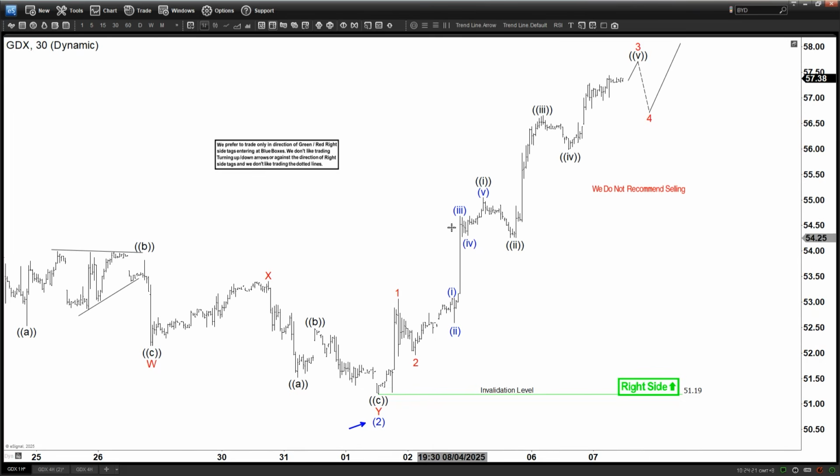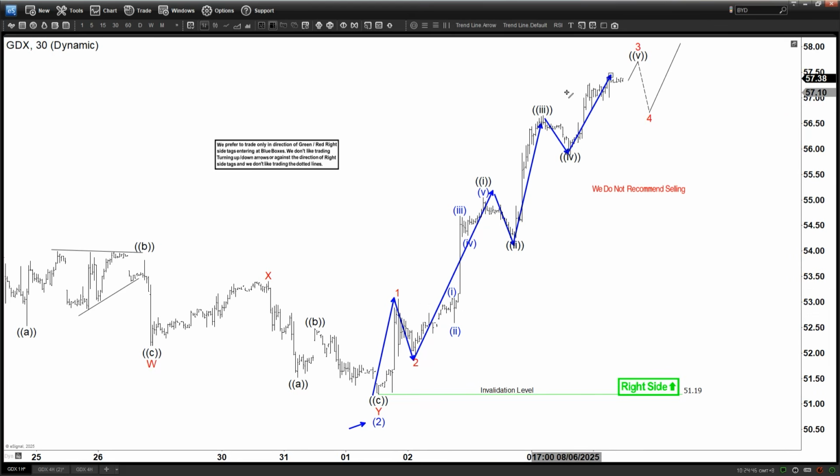You might ask, why don't I count this little swing? Because that's too little. If you look at the size, the main swing from the low is this one, 1, 2, and then this one, 3, 4. Look at the size, right? So you don't count this because you just focus on the main swing. 1, 2, 3, 4, 5, 6, 7.